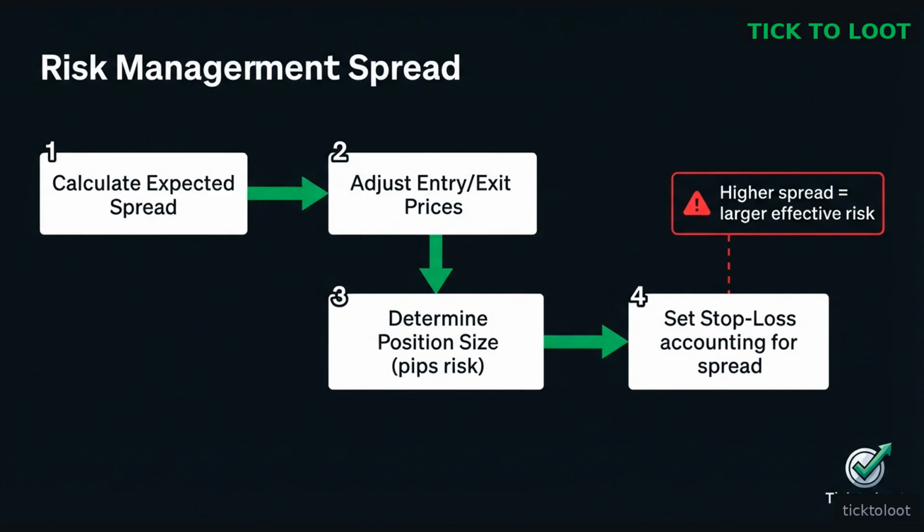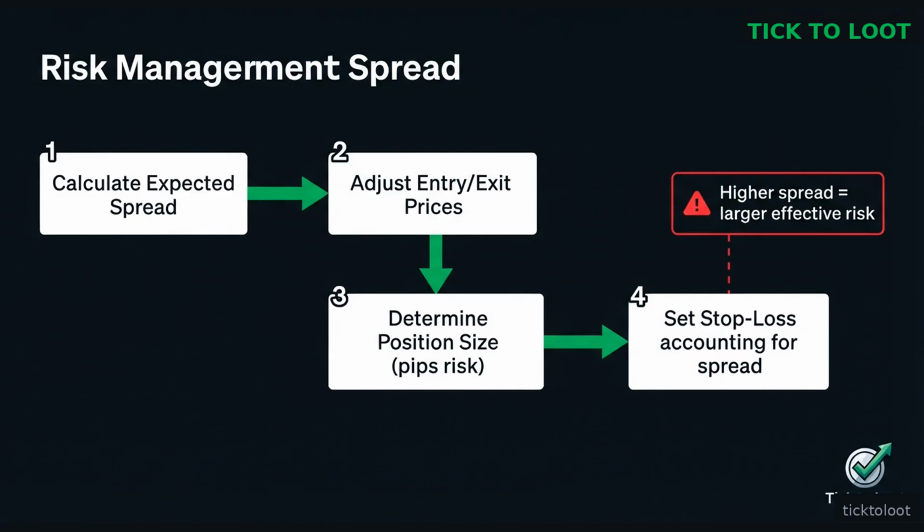This also influences position sizing. If you risk $100 per trade and each pip is worth $1, a 10-pip risk equals $100. But with a 2-pip spread, the effective risk becomes 12 pips or $120, which exceeds your target. To stay within $100, you would reduce the lot size so that each pip is worth roughly 83 cents, bringing the total risk back to $100.